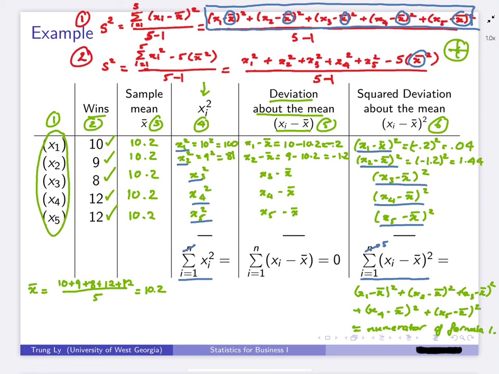In this case, n is equal to 5, right? So that gives you x1 square plus x2 square plus x3 square plus x4 square plus x5 square.